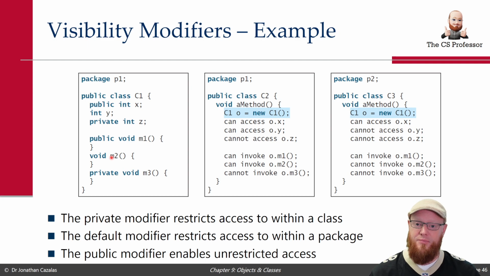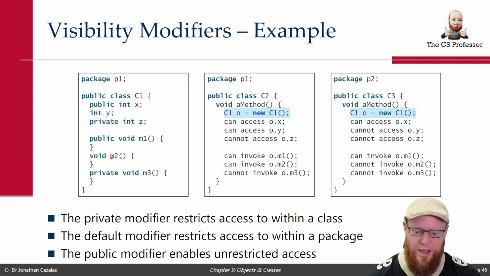And what does that mean? That means they are only visible to anything within the same package. But because we're in a different package, we no longer have access to them.